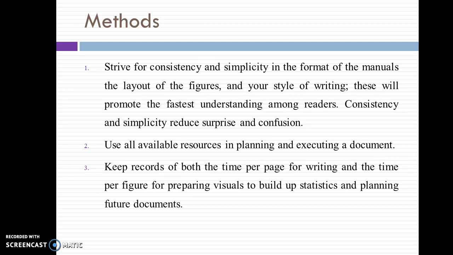These promote the fastest understanding among readers. Consistency and simplicity reduce surprise and confusion. Use all available resources in planning and executing a document. Keep records of both the time per page for writing and the time per figure.